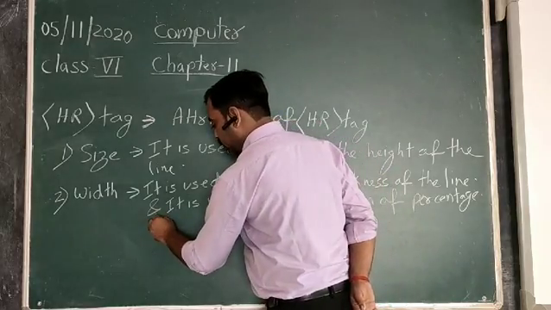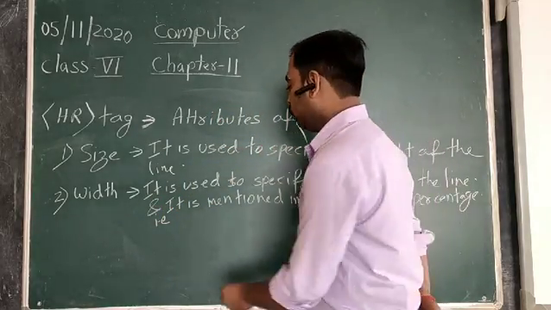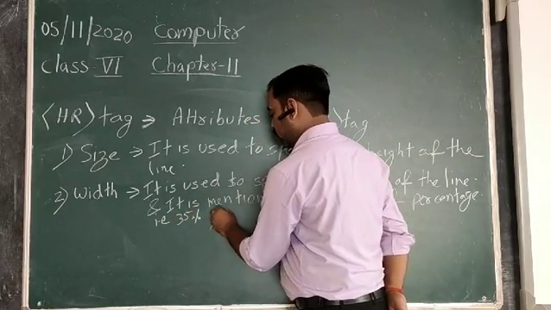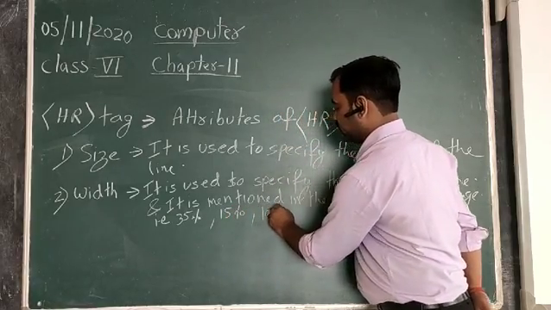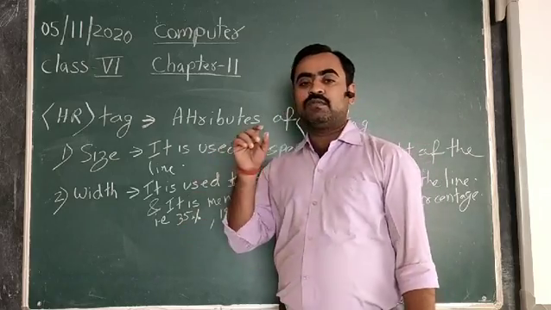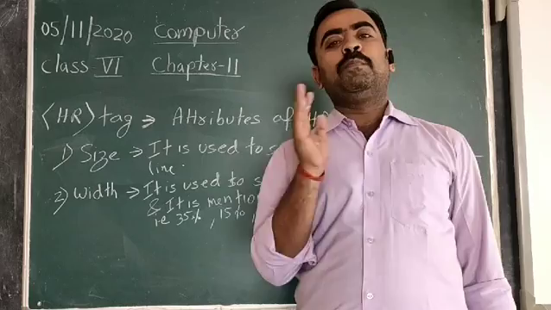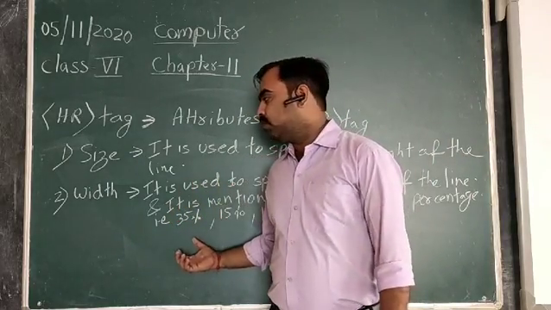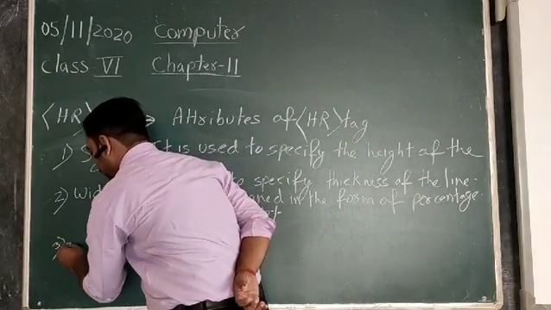Like, if you want to make your line thicker, you can specify here 35% or 15%, 10%, like this. The width attribute will have values in the form of percentage. You can give the percentage as the value for the width. Clear?